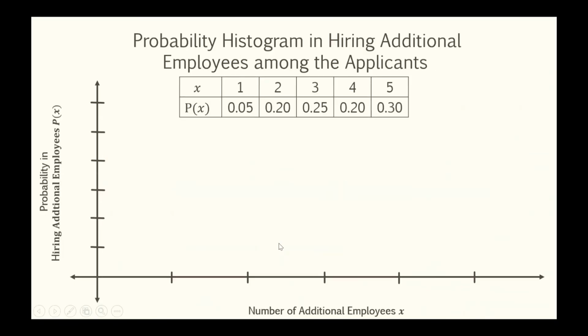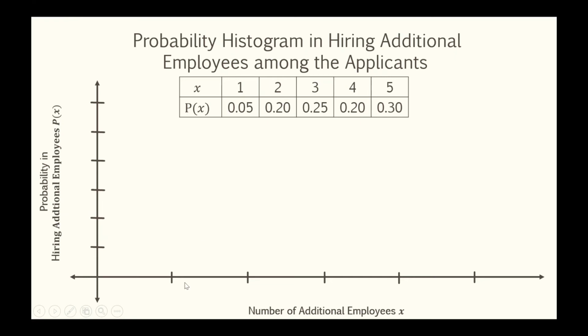Here, do not forget to draw the x-axis or the horizontal axis. That is for the number of additional employees, or for the random variable X, and the y-axis or the vertical axis is for the probability in hiring additional employees, denoted by P of X. We have this table from our previous slide.